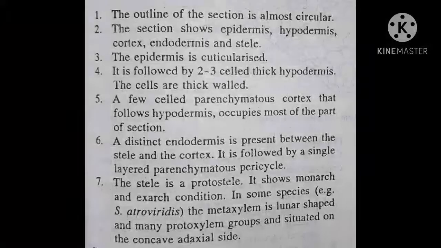The cortex is delimited by a single layer of endodermis. Next to the endodermis there is a single layer of pericycle, and inside the pericycle the conducting tissues, phloem and xylem, are present. Here also the structure is more or less similar to a root.